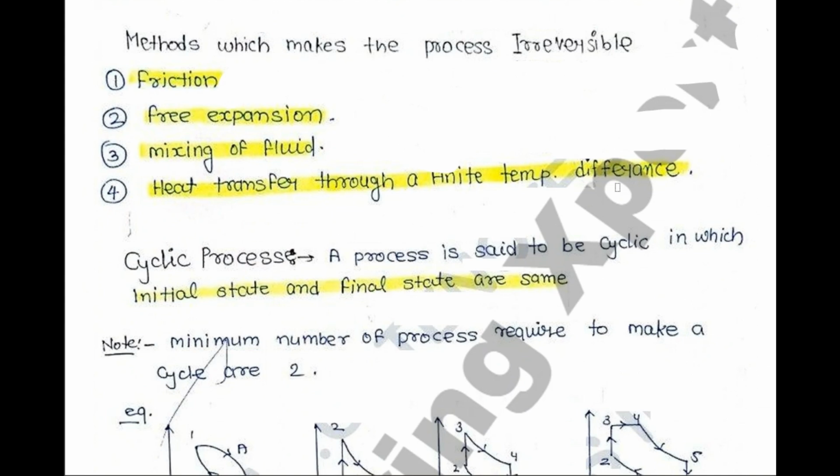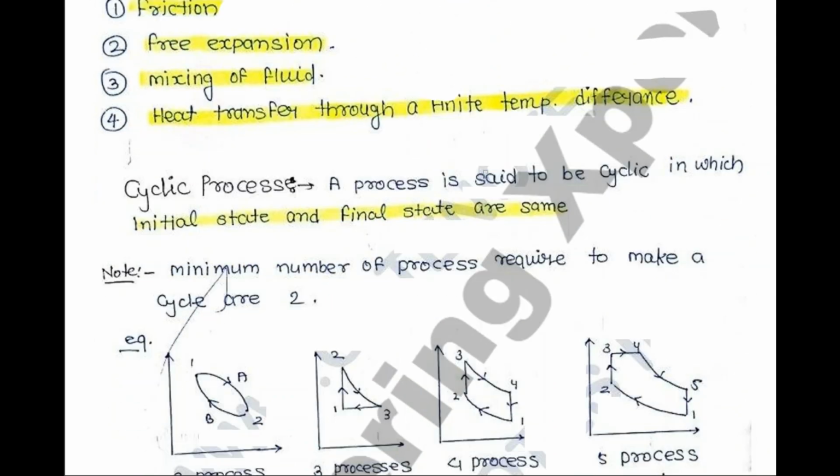There can be various things responsible for making a process irreversible, instead of having a driving force with an infinitesimally small difference: factors like friction, free expansion, and heat transfer through a finite temperature difference. These are some of the reasons for irreversible processes.